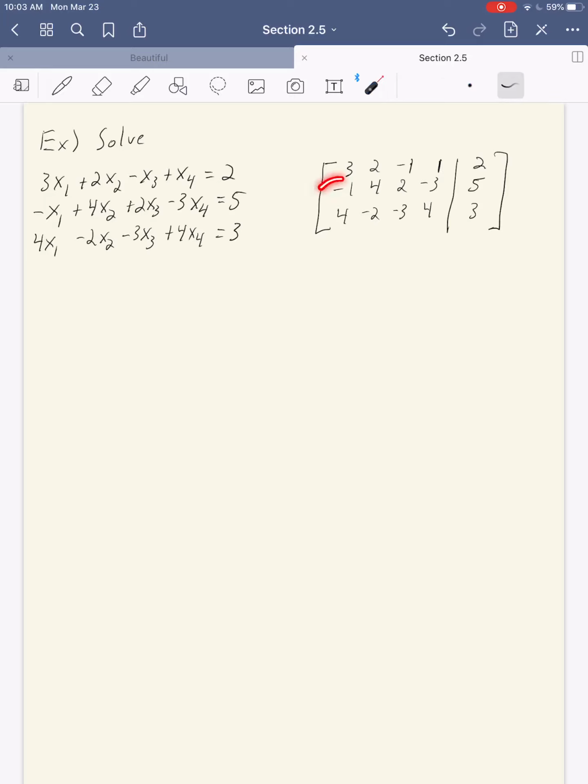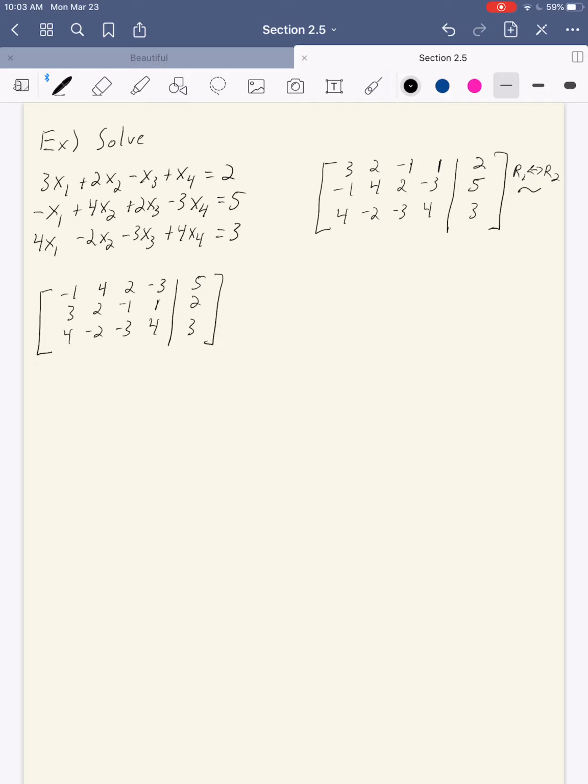I like this guy right here as coming up, so I'm going to begin by interchanging row 1 and row 2. So that'll give us a new augmented matrix: negative 1, 4, 2, negative 3, and 5, and then 3, 2, negative 1, 1, 2, and then 4, negative 2, negative 3, 4, 3.